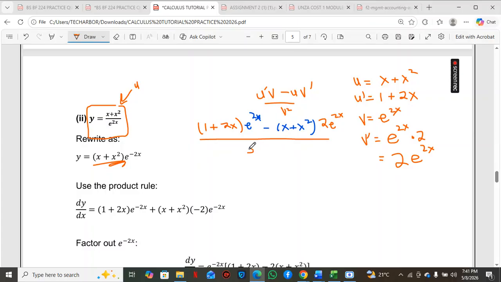So I'm going to say e to the power 2x squared.